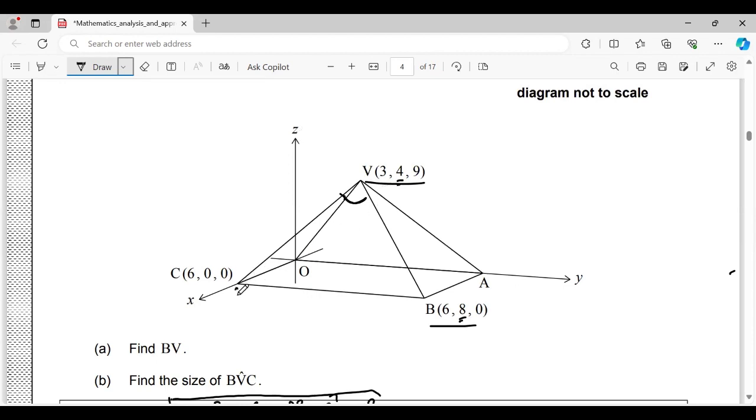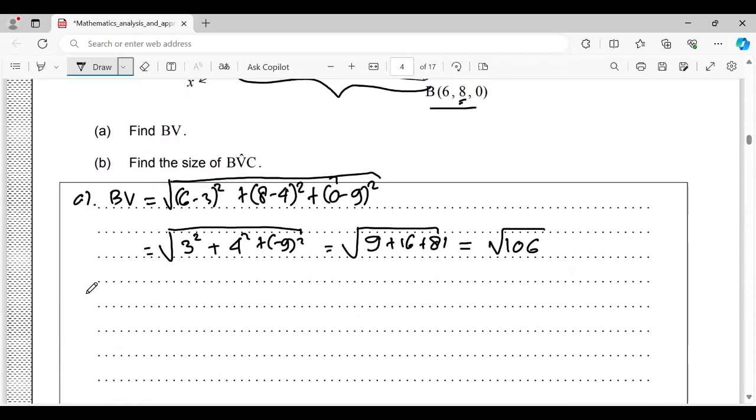After that, we're going to find CV, and the cosine of BVC, because BV we already have. Next, we're going to find BC, after that CV or VC.